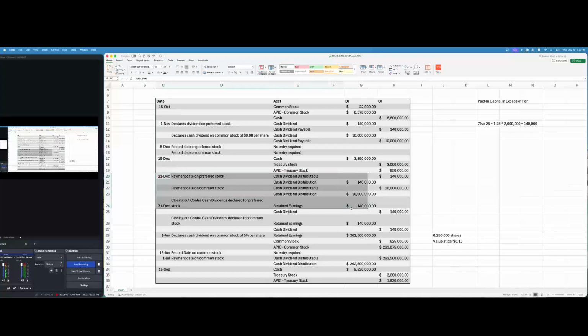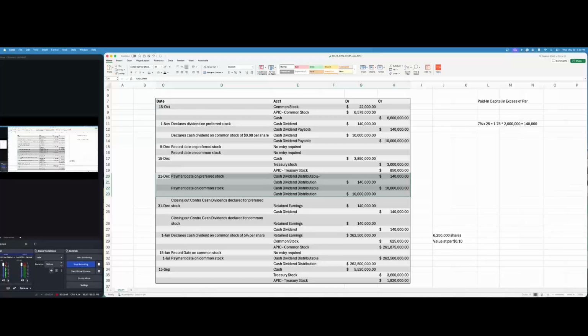December 21st, which we'll see next, is the payment date on preferred stock. There was the declaration of the dividend on November 1st, the record date on December 5th, and the December 21st payment date. You'll have a cash dividend distributable, and then a cash dividend distribution.